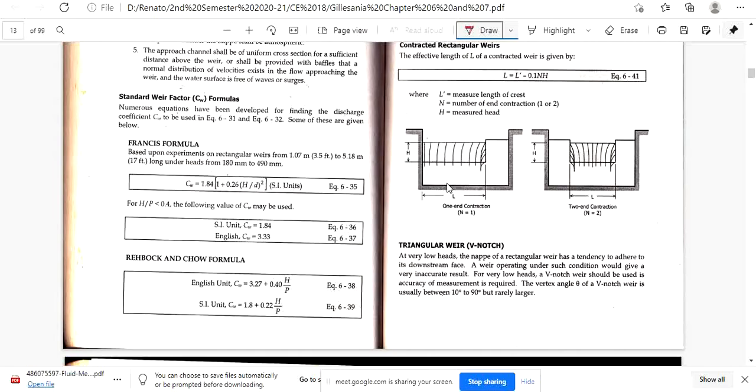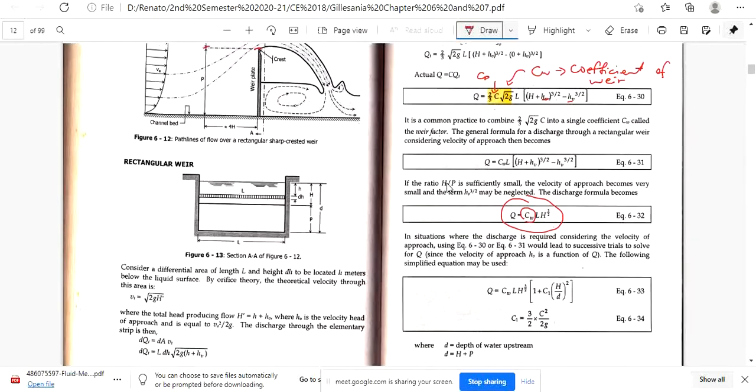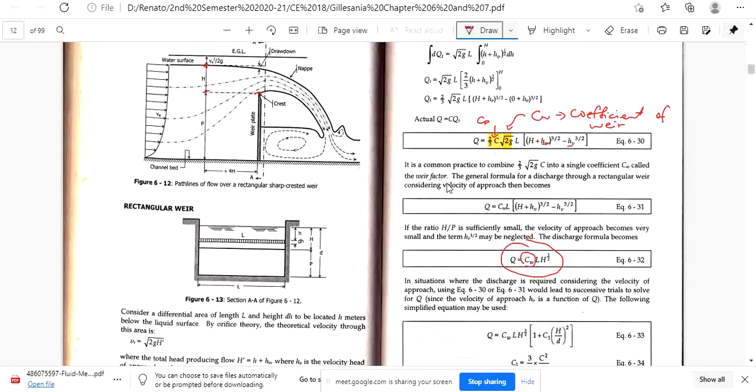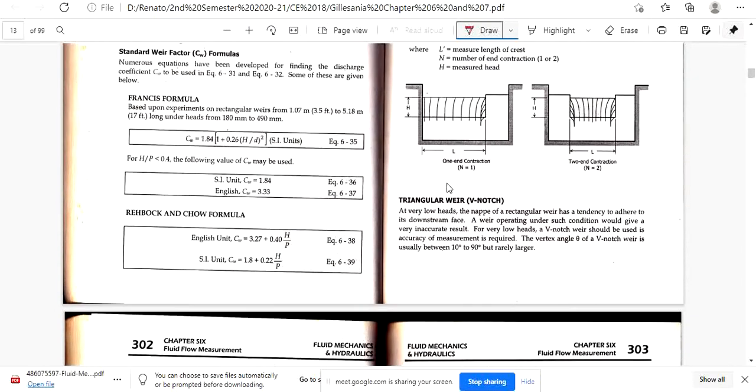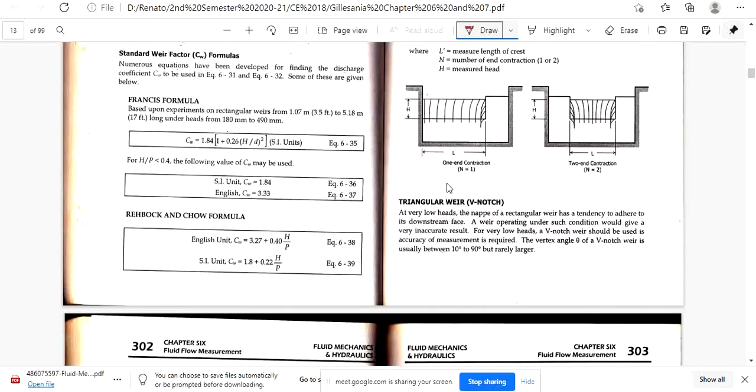What are h and p? The h is the head of the water, whereas the p is the height of the wear. If it is less than 0.4, then the value for SI or English is different, 1.84 and 3.33.